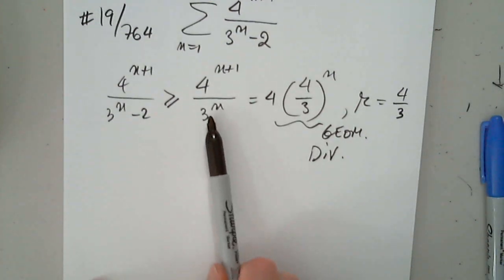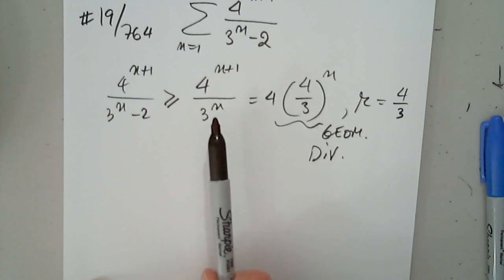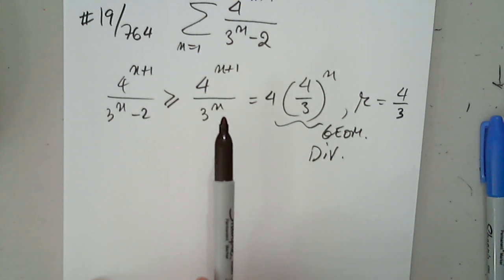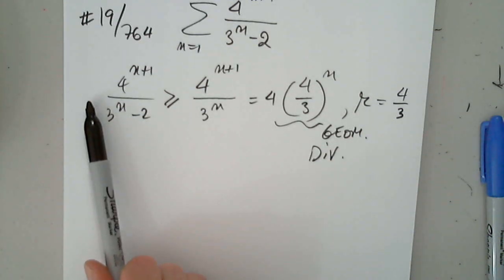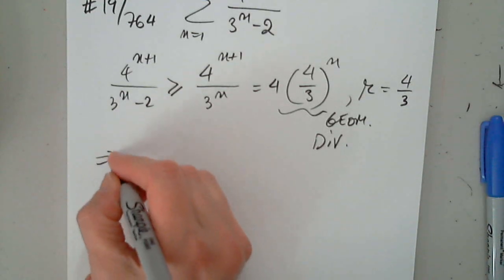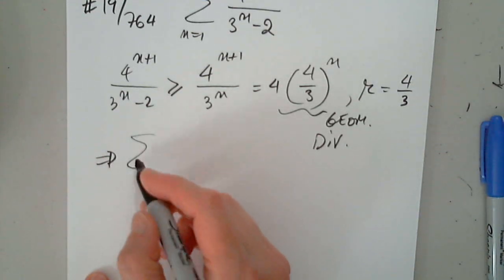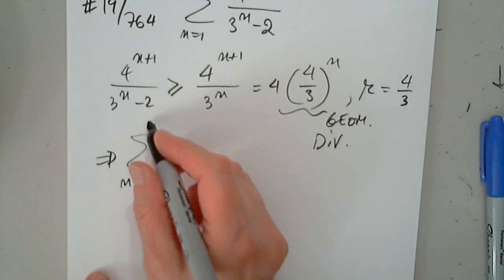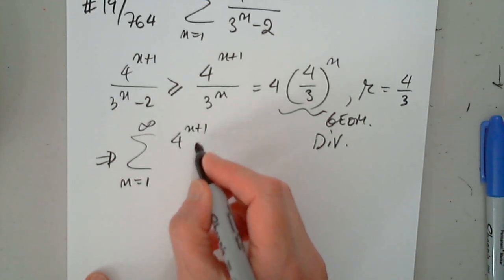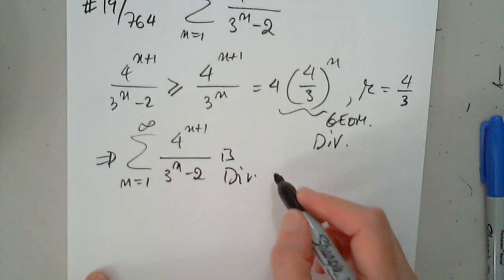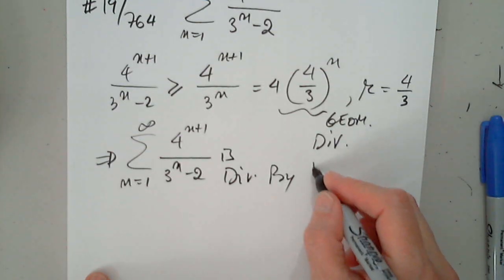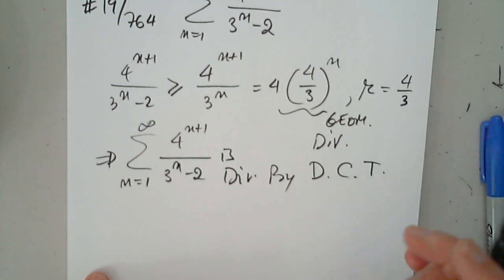So if the smaller one is divergent, the bigger one will be divergent as well. So from here, we have that the original series is divergent by the direct comparison test.